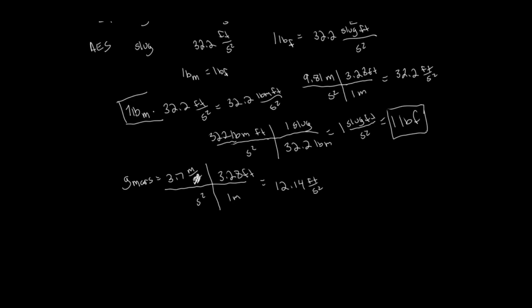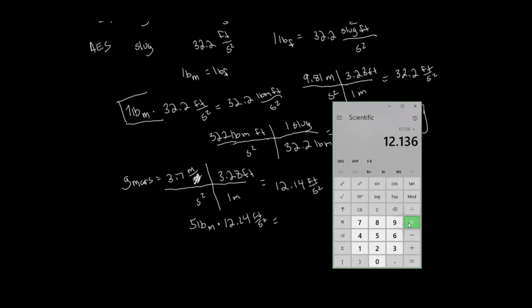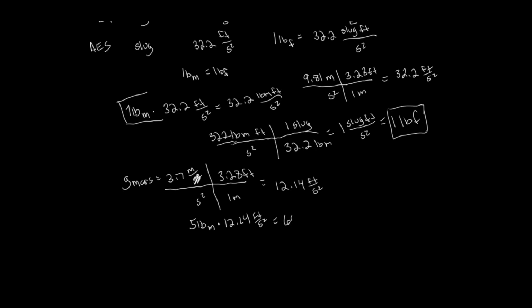And let's say this thing weighs 5 pounds mass. What students will try to do is they'll try to say 5 pound mass times Mars gravity, 12.14 foot per second squared, equals, and what is that? Let's see, times 5, 60.68. 60.68 pounds force.